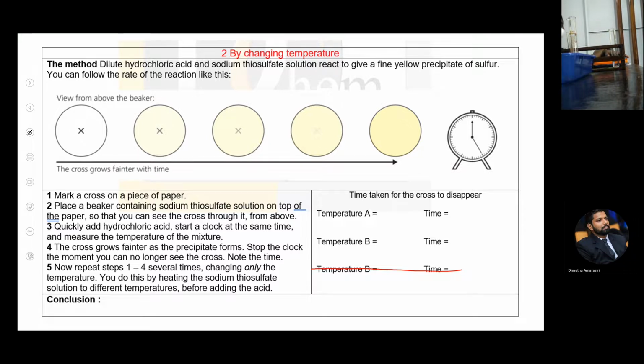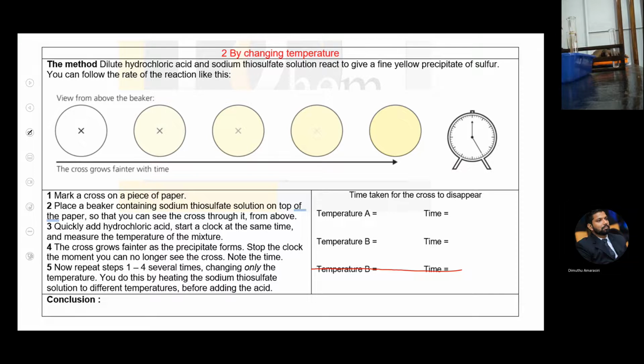Therefore, I give one very important precaution: the same person must time when the cross disappears. Somebody else can press the timer, but the person observing should be the same in both cases. I'll tell you why later on.